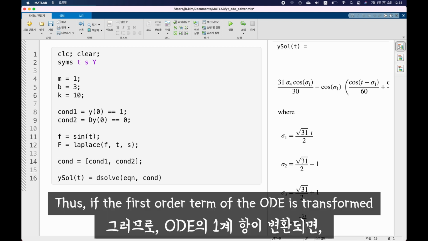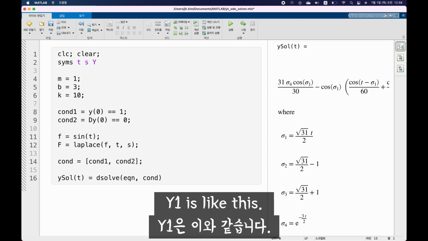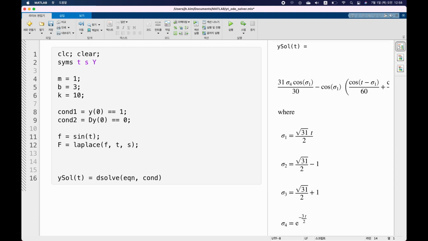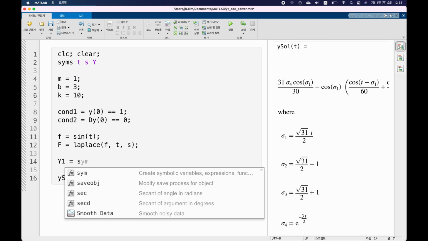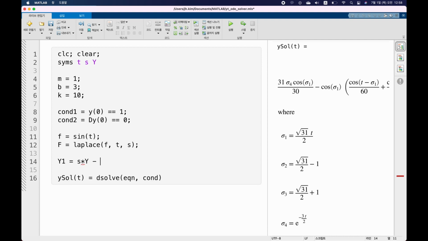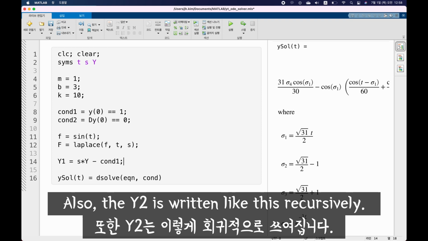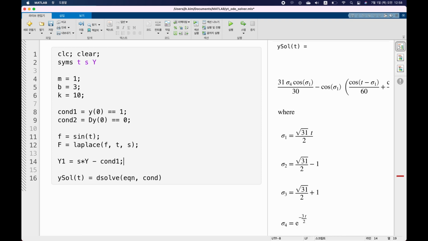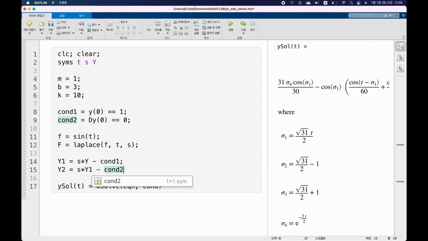Thus, if the first order term of the ODE is transformed, then Y1 is like this: s times Y minus cond1. Also, Y2 is written like this recursively: s times Y1 minus cond2.